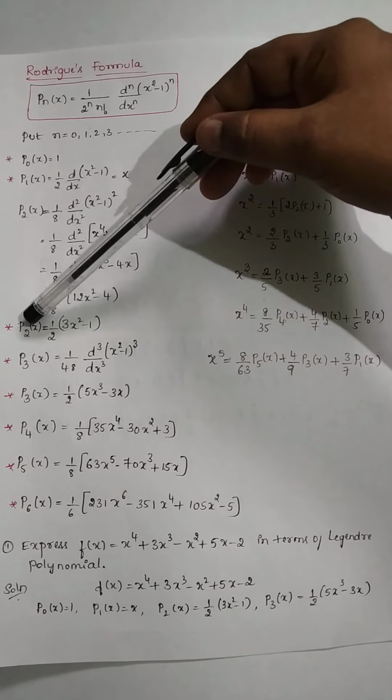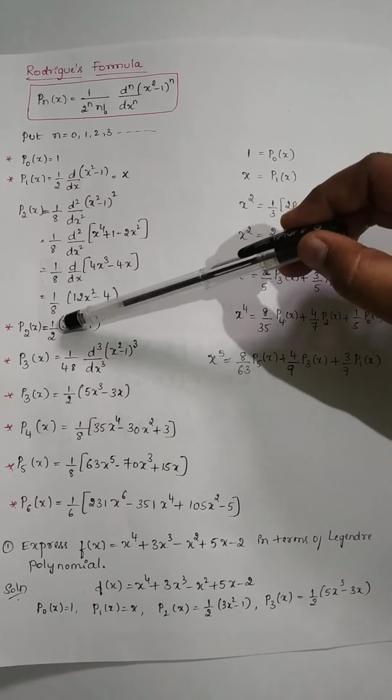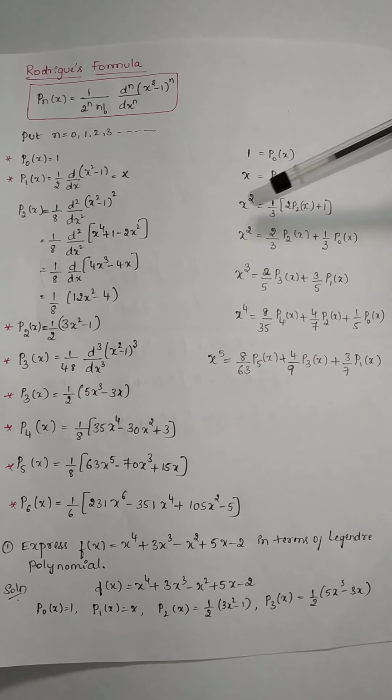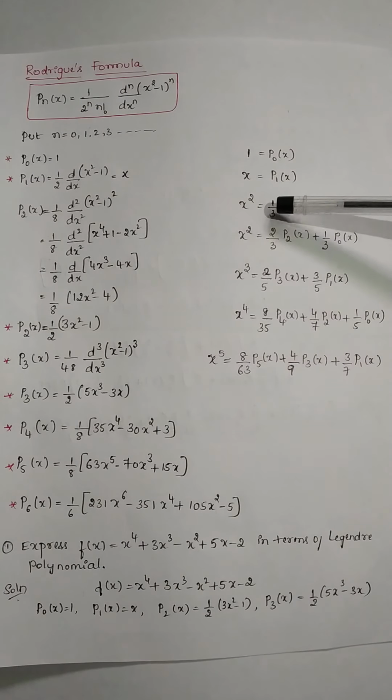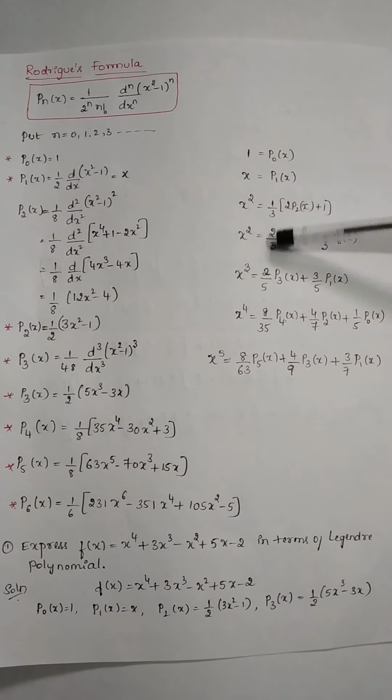So you will get 2 into P2 of x plus 1 whole divided by 3 is equal to x square. So x square is equal to 1 by 3 of 2 P2 of x plus 1. Now multiplying 1 by 3 to both the terms, you get 2 by 3 into P2 of x plus 1 by 3 into 1, which is written as P naught of x. So you will get the expression for x square as 2 by 3 P2 of x plus 1 by 3 into P naught of x.